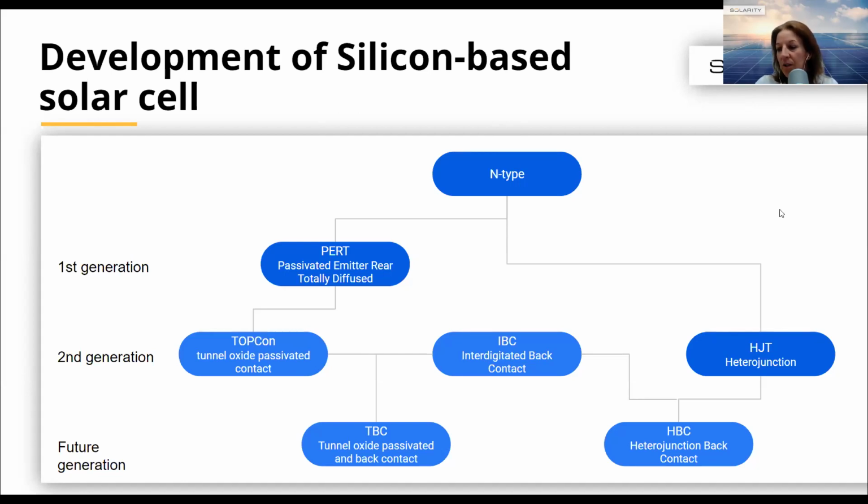Actually, if we talk about heterojunction, Topcon, and P-type, you could see that the market is split almost regularly for those three types. So still, it's equal. If you look to the future, there will definitely be higher demand for heterojunction and Topcon.